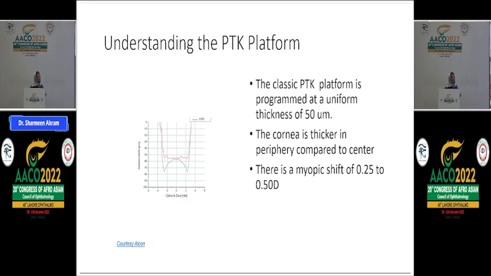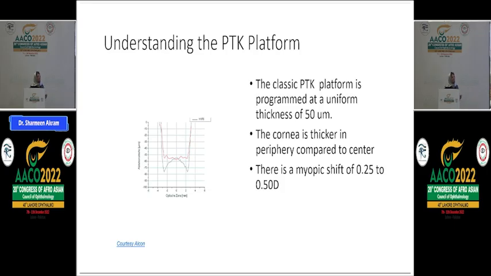Remember that the classic PTK platform is inbuilt to remove 50 microns, but the epithelium is not even in its thickness. It tends to be thicker towards the periphery than toward the center. So there is what our first speaker mentioned, an epithelial masking there. There tends to be a myopic shift of about 0.25 to 0.5 and it can go up to almost 0.75.